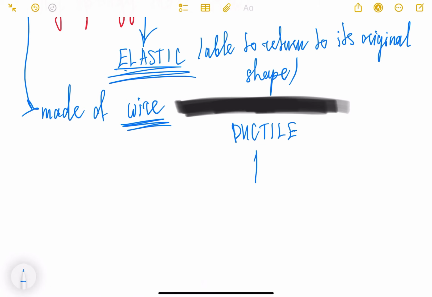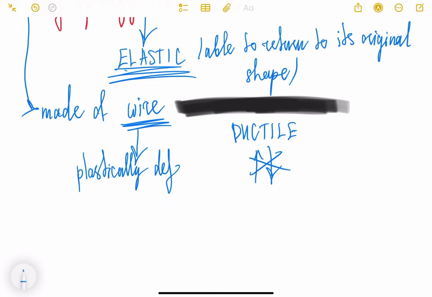This is not possible. So, the metal from which springs are made has therefore been plastically deformed, and consequently needs to have its springiness put back.